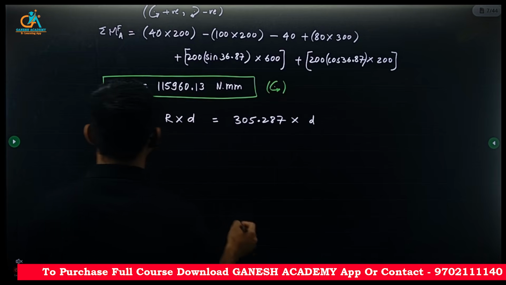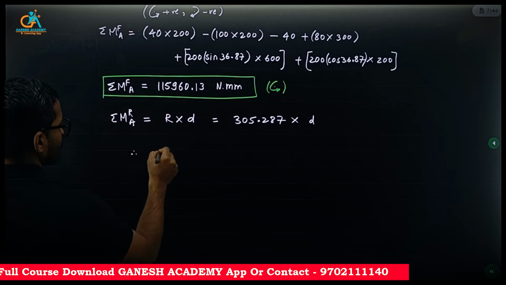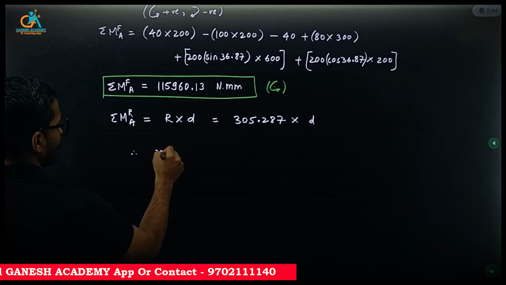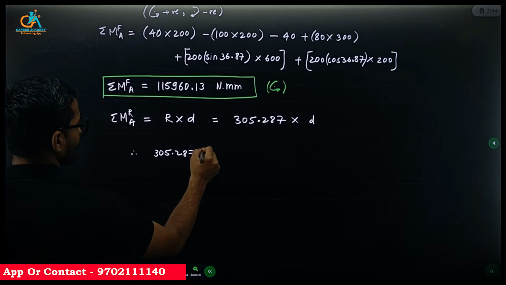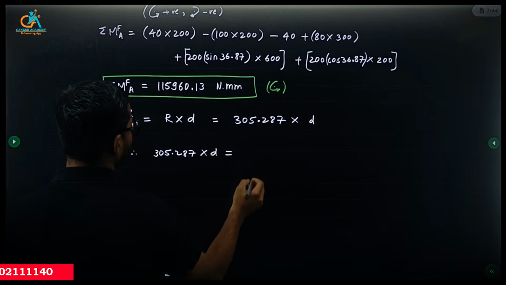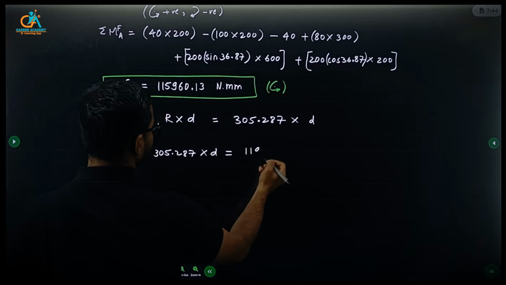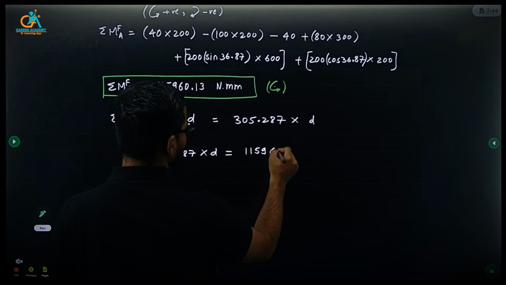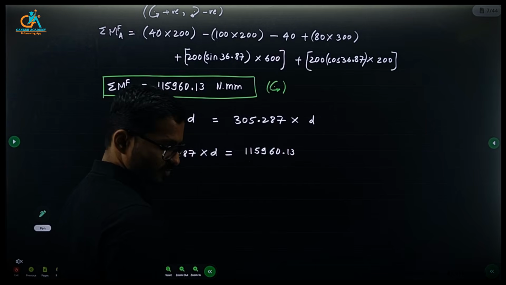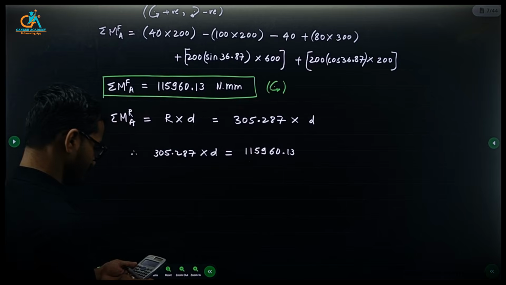Now equating these two, 305.287 into D should be equal to what? 115960.13.